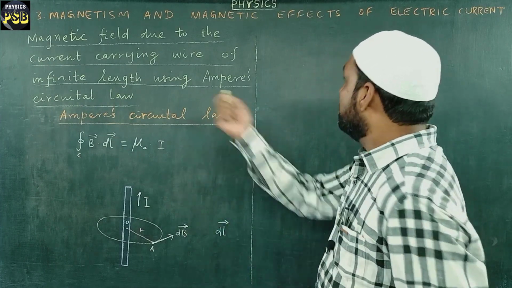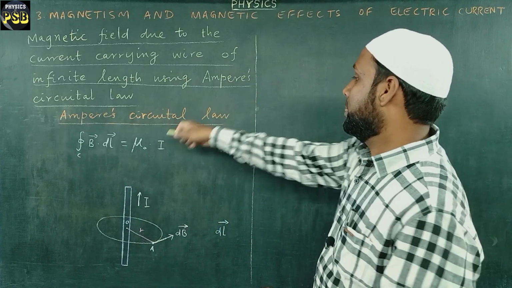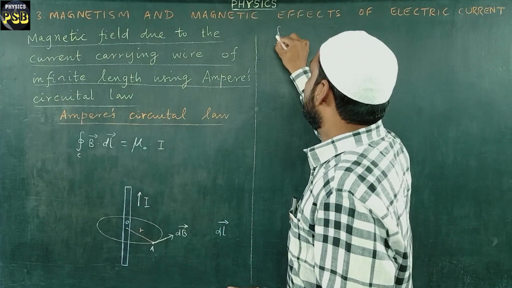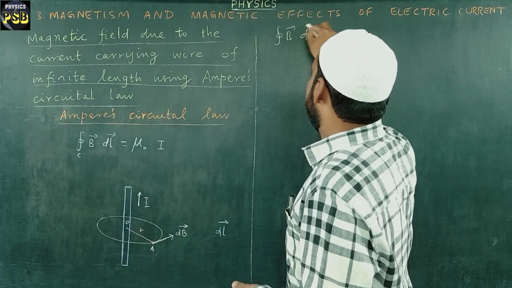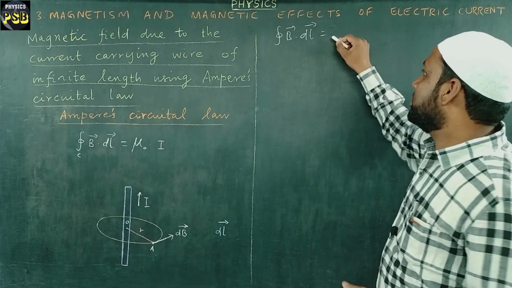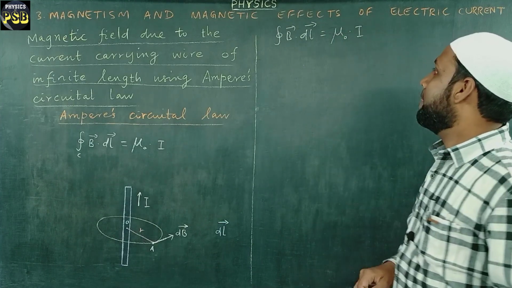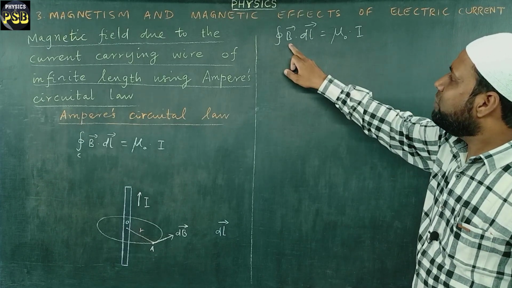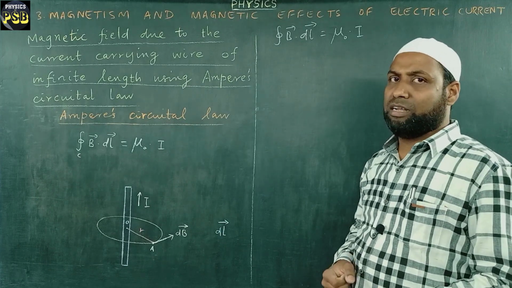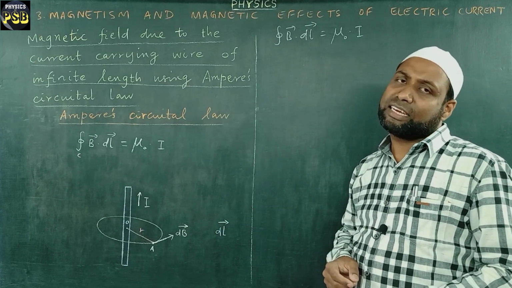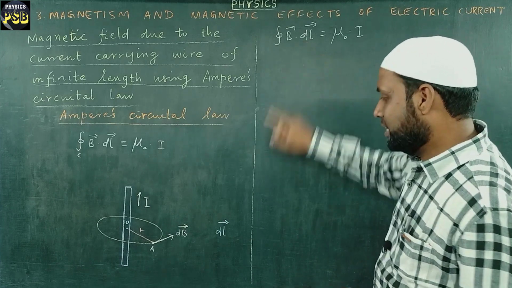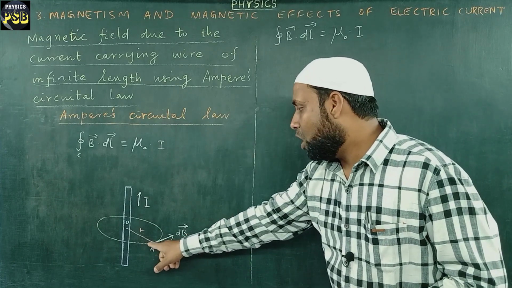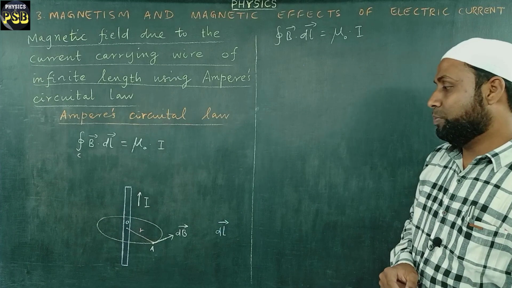That way we can proceed to get the value of B. Now write this equation here, which is nothing but Ampere's circuital law. Here B vector represents the magnetic field produced by this current carrying conductor, and dl is the line element along this Ampere loop.